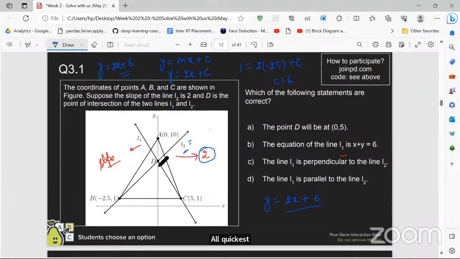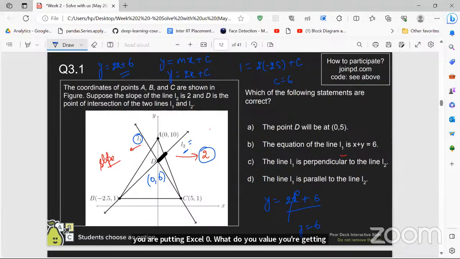For any point on the y-axis, you will have x as 0. So you can just put the value of x as 0. If you put x as 0, what value do you get? y equals 6. So D will be (0,6). Correct?